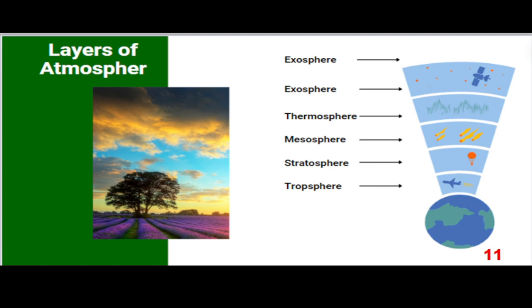Though the ozone thickness varies seasonally and geographically, atmospheric temperature increases with altitude, reaching 0 degrees Celsius at about 50 km, showing a negative lapse rate. This increase is mainly due to ozone absorbing ultraviolet radiation from the sun.